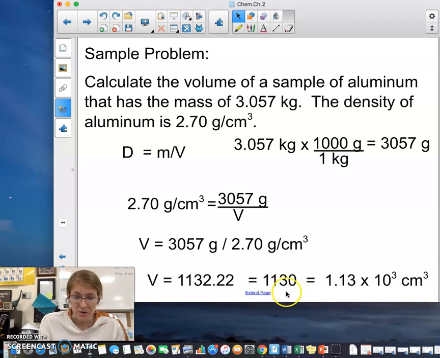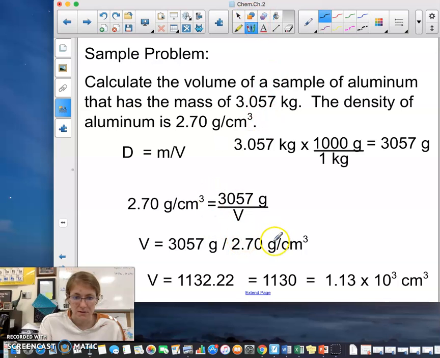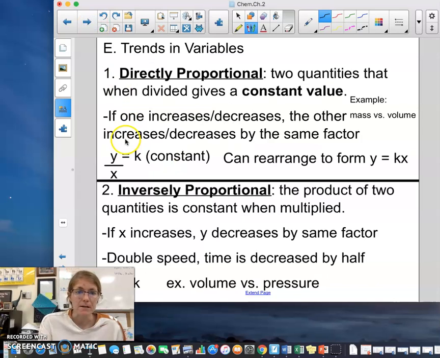So I move it over 1, 2, 3. I moved it to the left, so it's going to be positive. So it's 1.13 times 10 to the 3 centimeters cubed, because the unit grams cancels out.